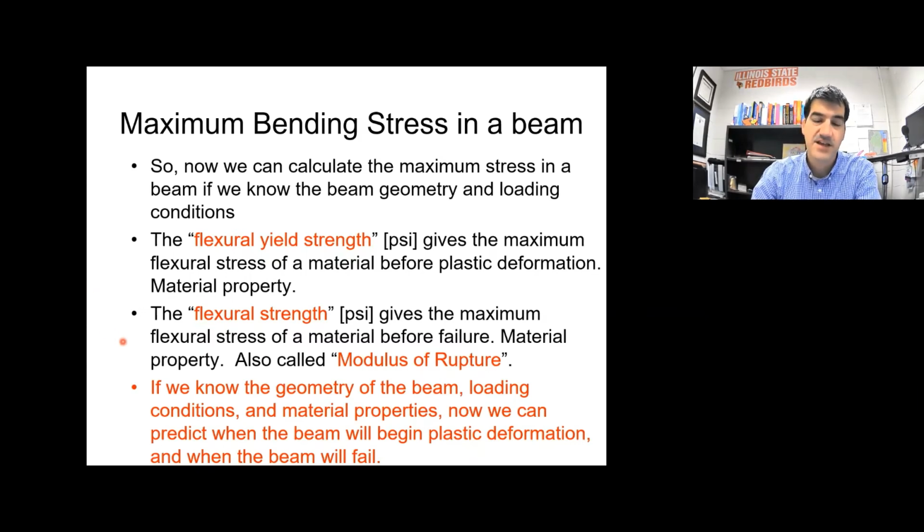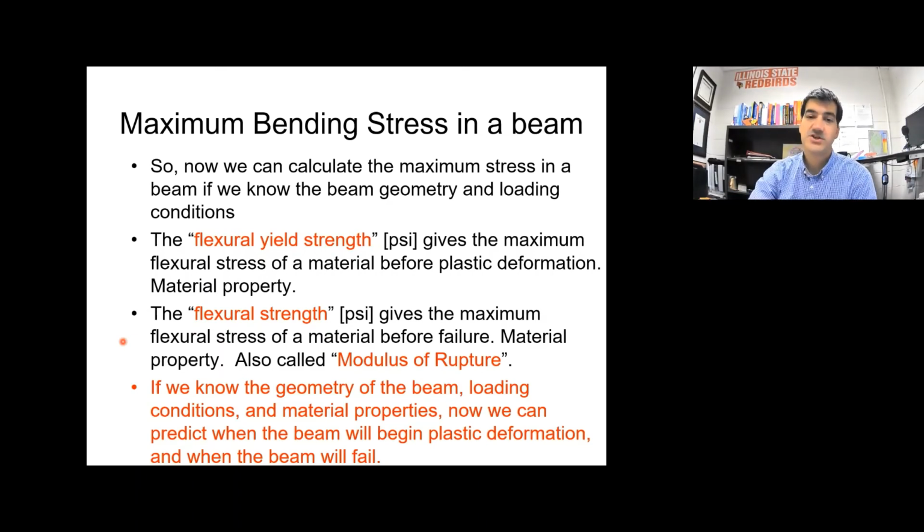And the analogous term to ultimate tensile strength, that was the maximum stress that you can get in the specimen, right? Now we're talking about beam bending, and the analogous term is flexural strength. Flexural strength is the maximum stress that the beam can withstand before it fails. It's destroyed.